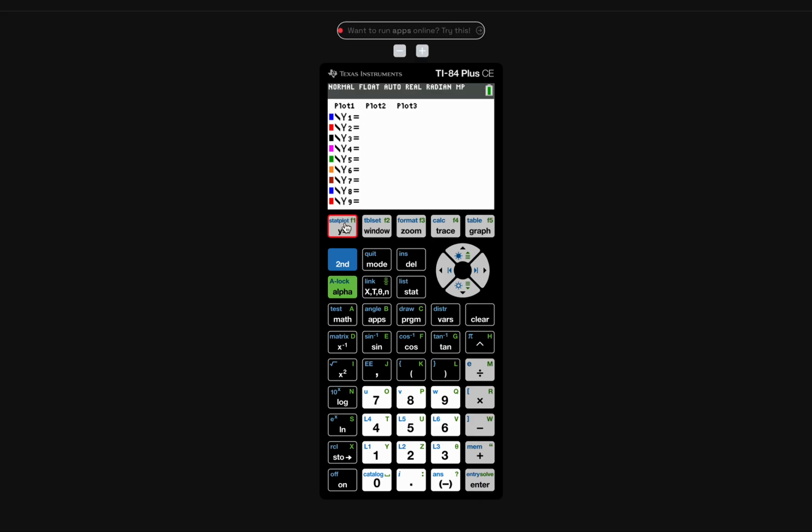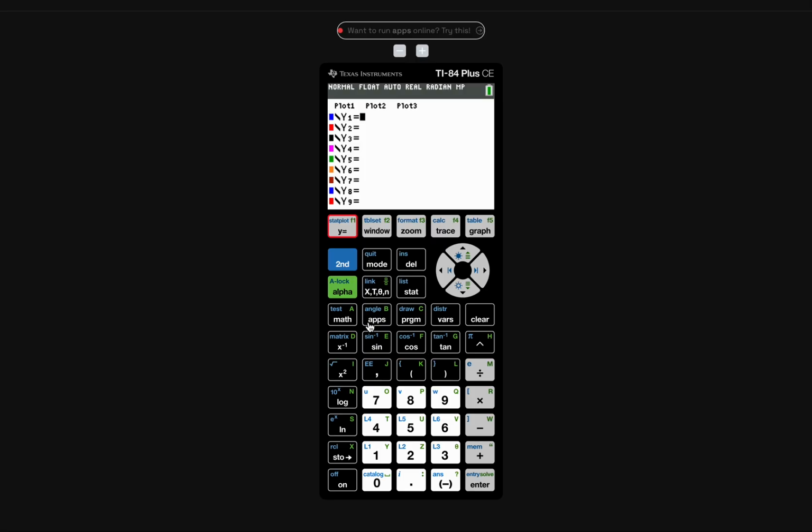So once you have the quadratic equal to 0, we press this y equals button in the top left, and we would just enter in the quadratic. So let's say we have y equals x squared minus 55x plus 750, or 0 equals x squared minus 55x plus 750.